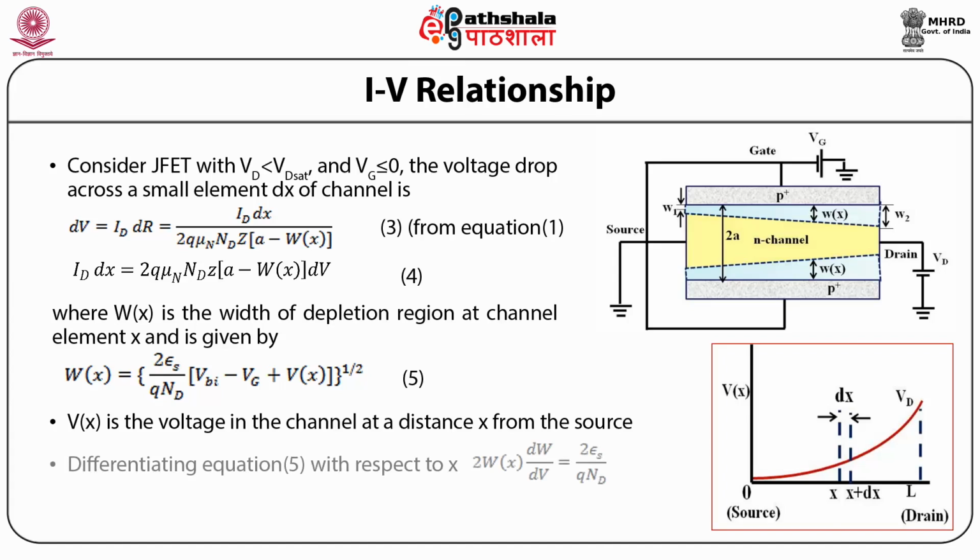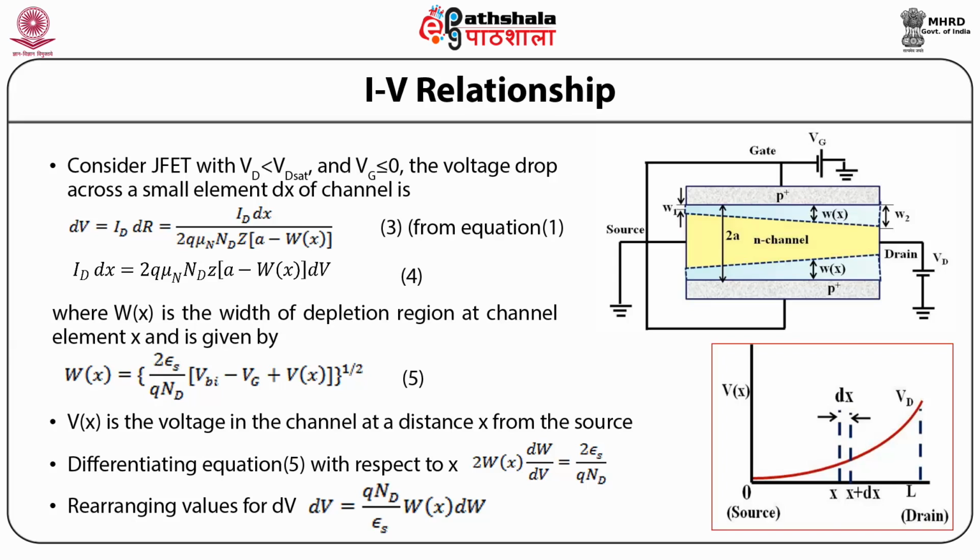So now differentiating the above equation with respect to x, we get 2 multiplied by W as a function of x multiplied by dW by dV equal to 2 epsilon s by q nd.